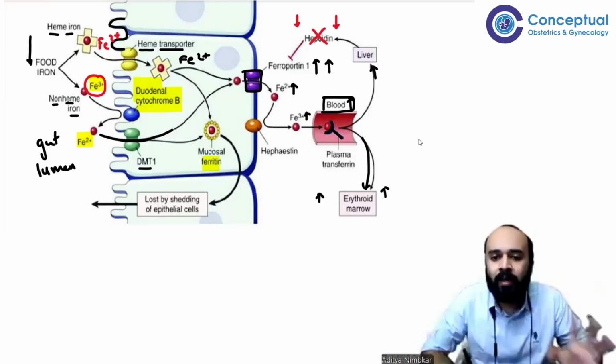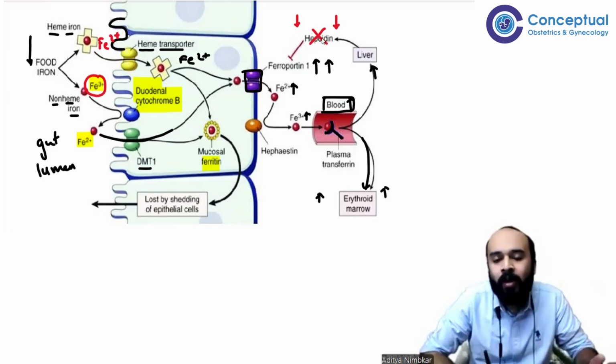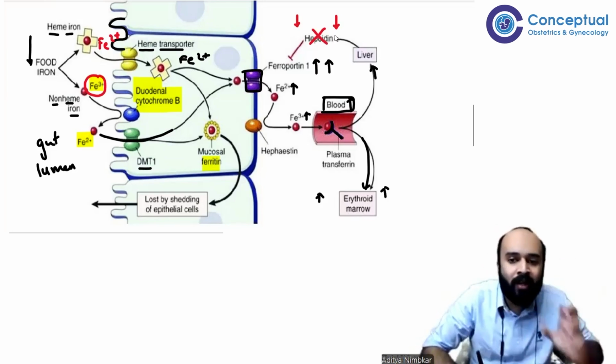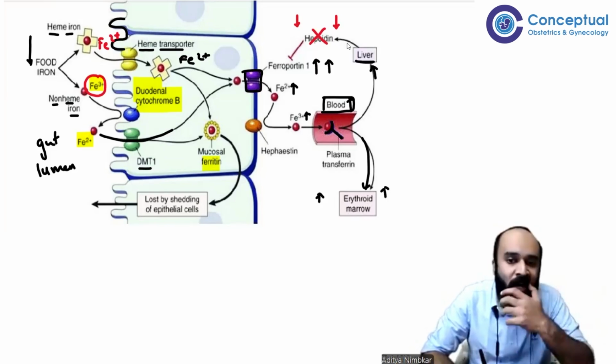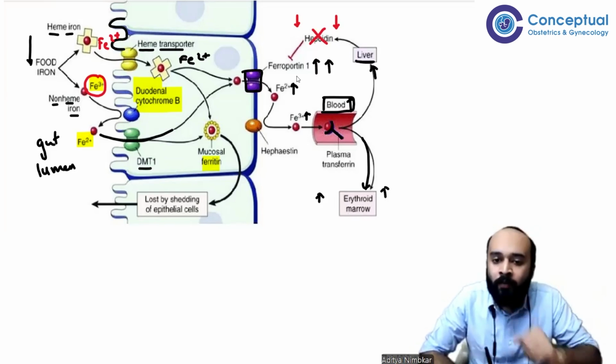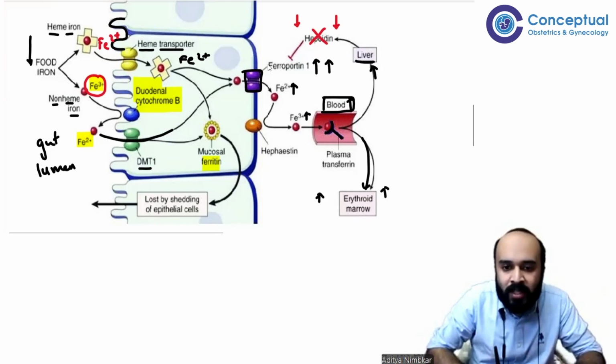So the first thing that happens in pregnancy is that the concentration or quantity of hepcidin reduces. The liver says that I will help pregnancy by reducing the amount of hepcidin that I'm forming. Ferroportin, a very important molecule that we have just read.